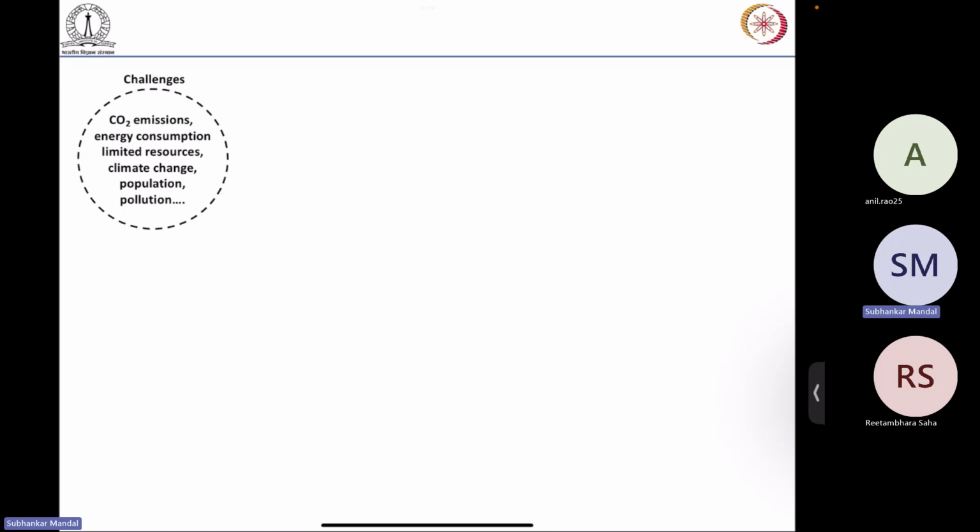But these are all controlled by nature, right? Suppose you are using sunlight or solar energy. In the daytime you can use the sunlight energy, but in the night time you cannot.